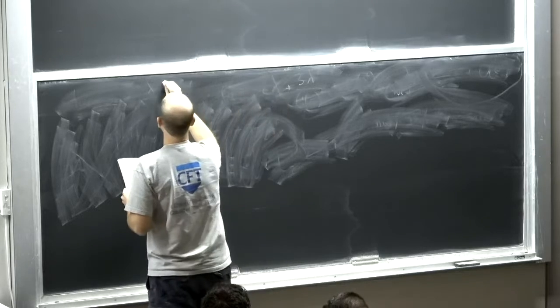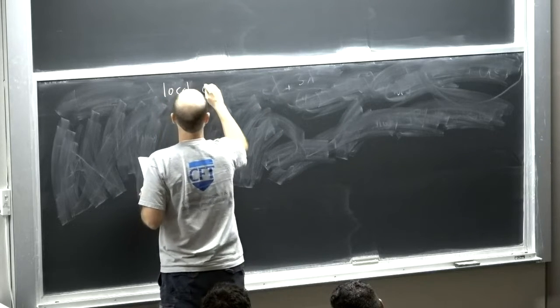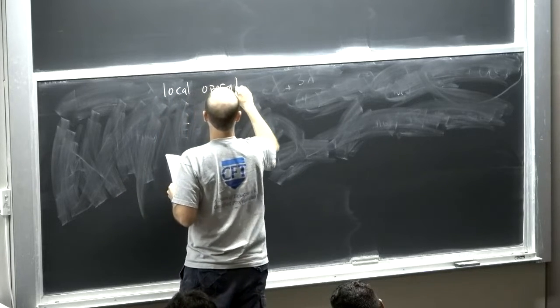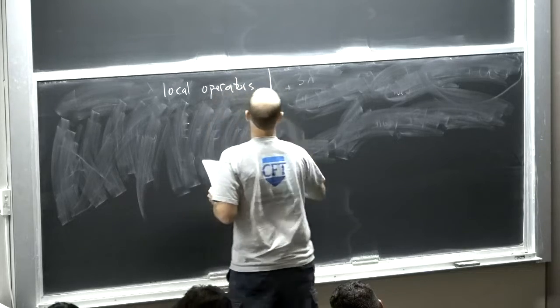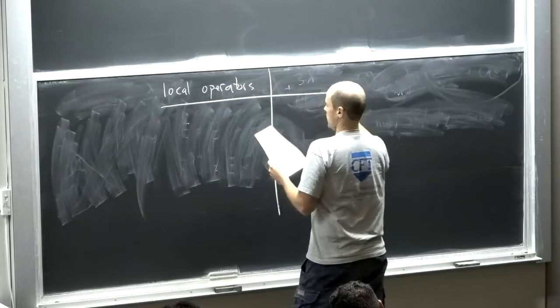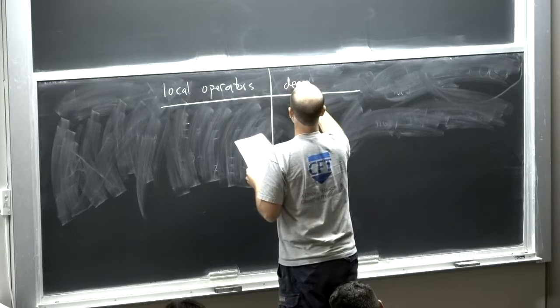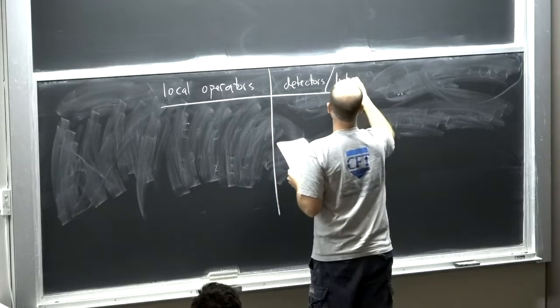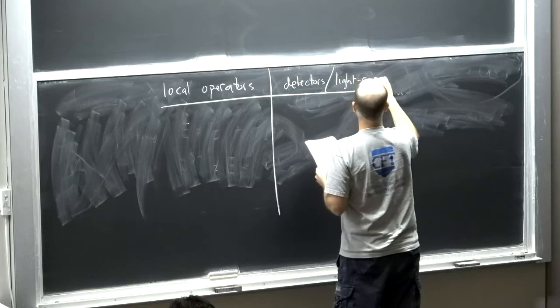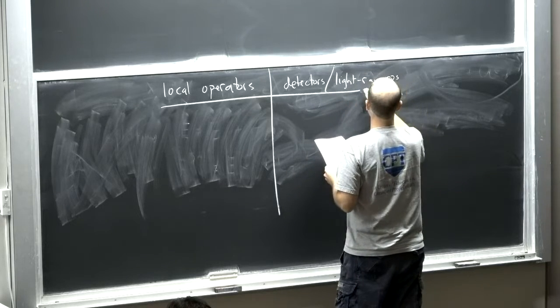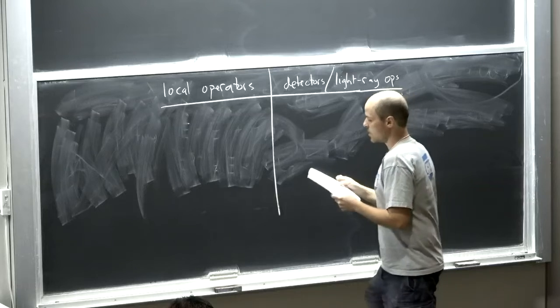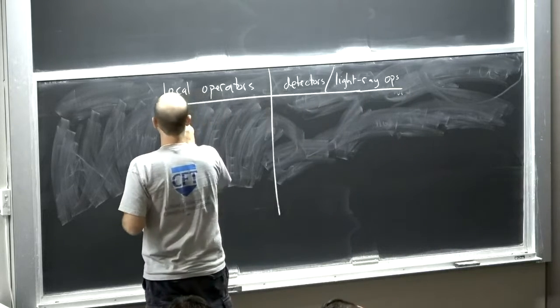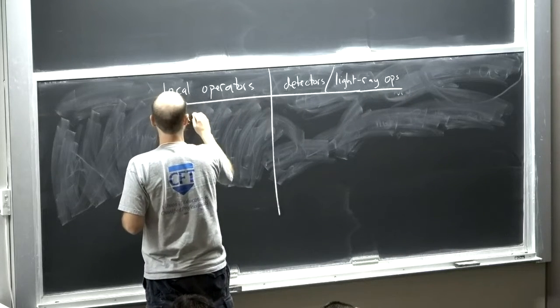So we can have, on one side, local operators. And on the other side, we'll have detectors, or light ray operators. So first of all, a local operator is, roughly speaking, something that you can measure at a point.